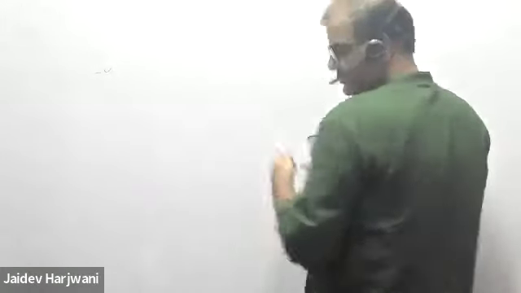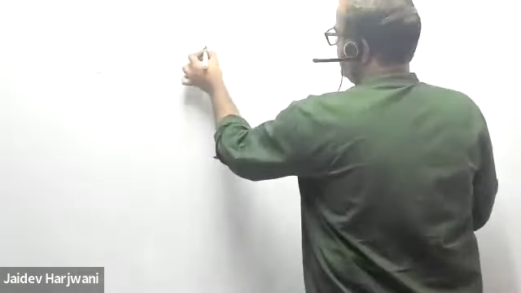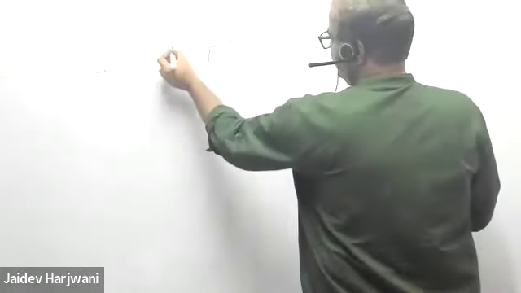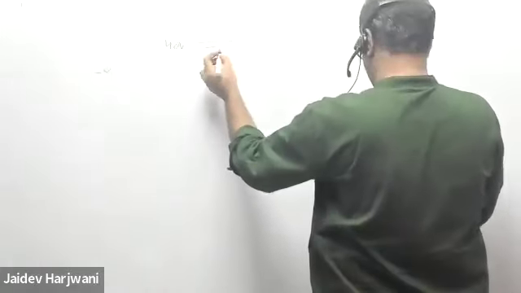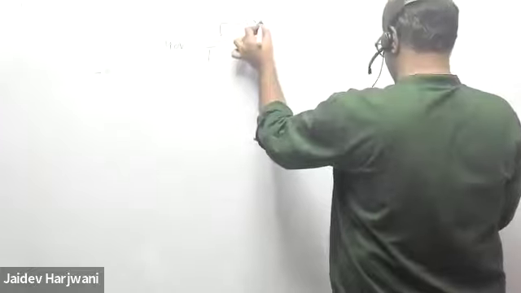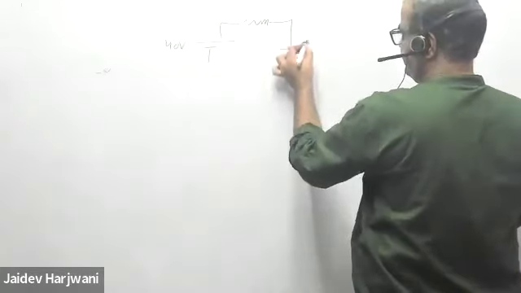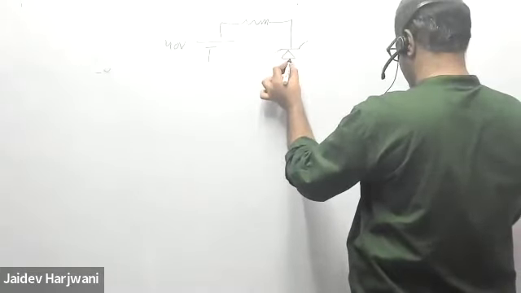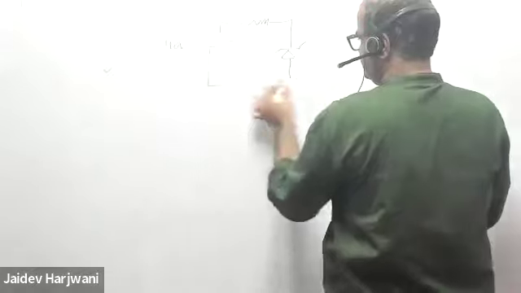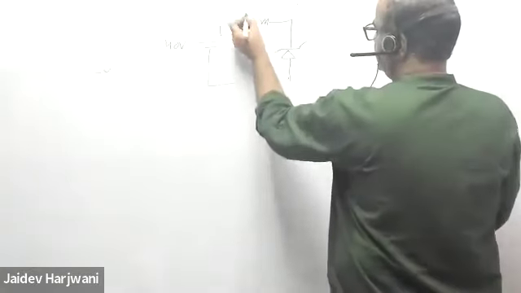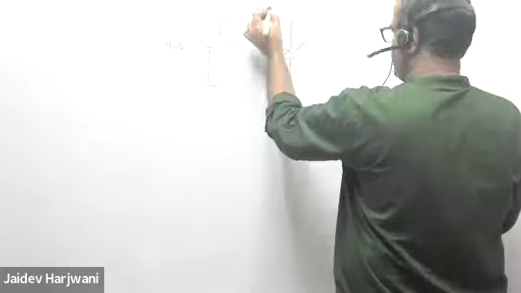It's a new marker and it's not working. So say you have 40 volts. This is 10 kilo ohm.